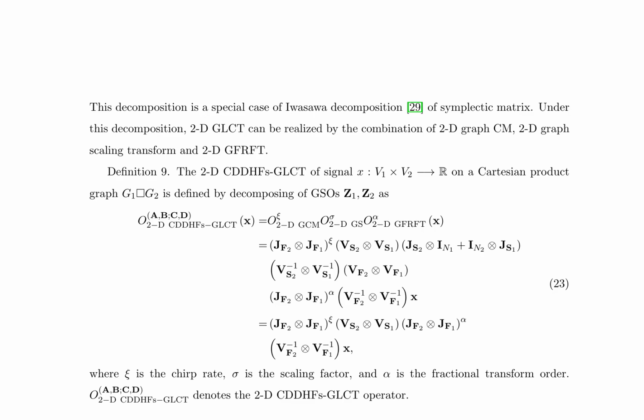The 2D CDDHFs-GLCT is defined as the decomposition of graph shift operators, GSOs, on Cartesian product graphs, which can be expressed as a combination of 2D graph CMT, 2D graph scaling transform, and 2D GFRFT.